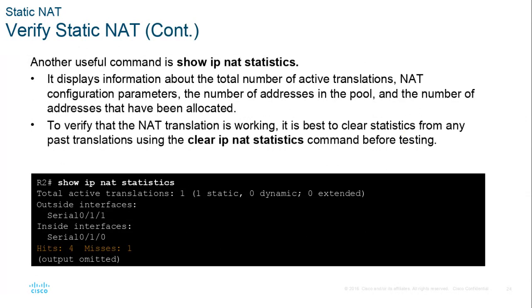Show ip nat statistics will show us how many times translations have taken place. So in this case, we've had 4 translations that have taken place and 1 translation that was not taking place because the number didn't match the allowable range of IP addresses to be translated.